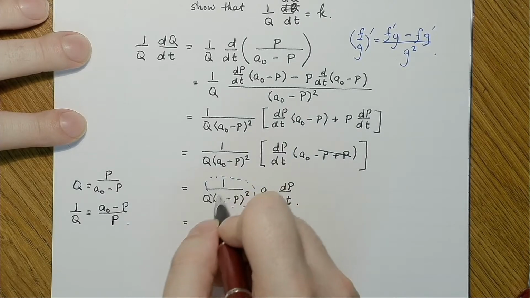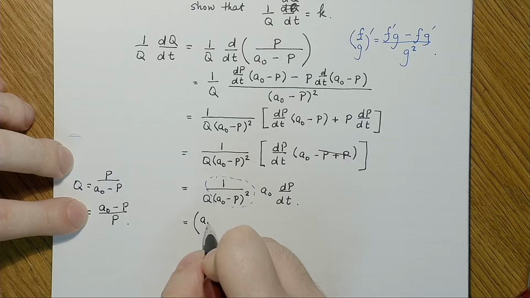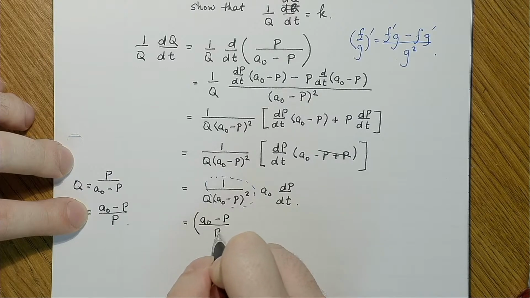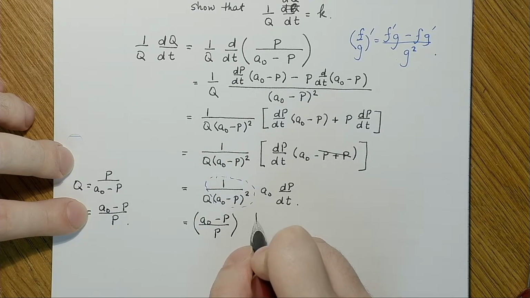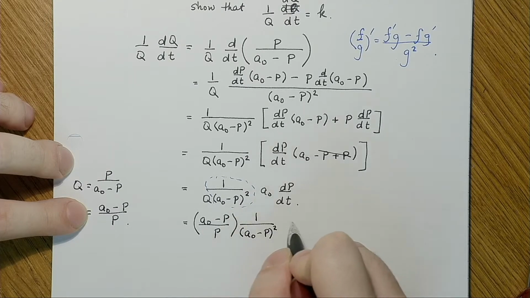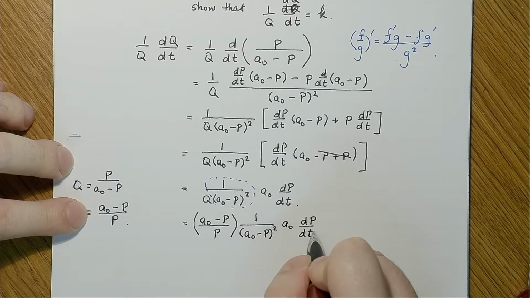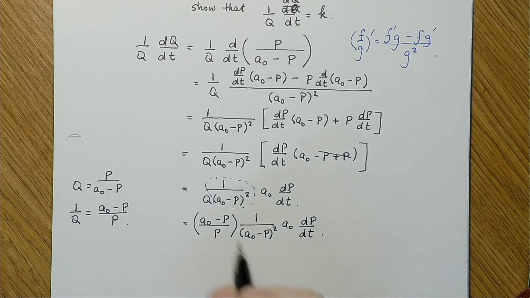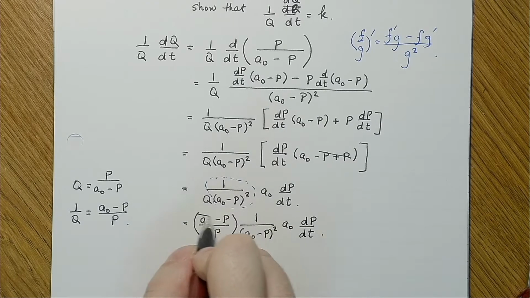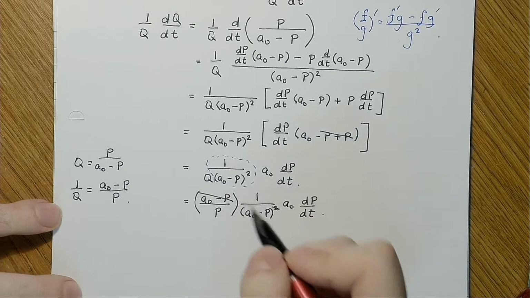So I have 1 over q, so that is equal to a naught minus p over p, 1 over a naught minus p squared. I still have the a naught dp by dt. And so this one can cancel, and I can get rid of that squared there because I'm multiplying everything, so that's okay, I can cancel it.